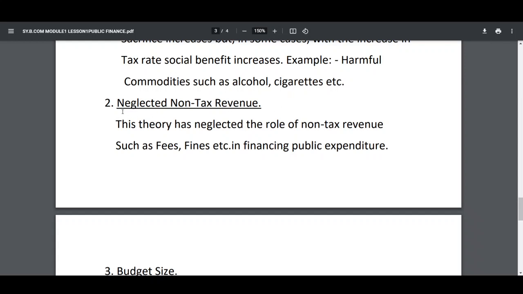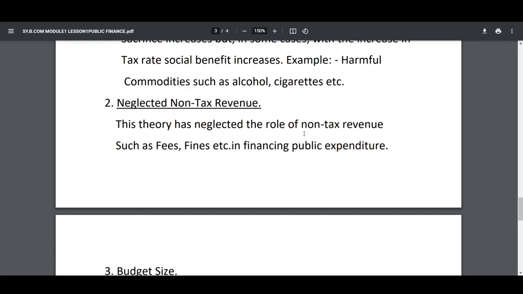Second criticism is that it neglected non-tax revenue. This theory has neglected the role of non-tax revenue such as fees, fines, etc. in financing public expenditure. In financing public expenditure, not only the tax revenue is playing an important role, non-tax revenue is also playing an important role.